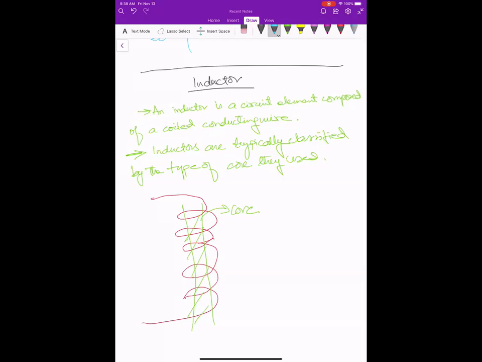Here, this core defines the ability of the inductor to store the magnetic field. If this is your I of t, this could be your voltage across it. The circuit symbol of the inductor, we have learned about this. This is the circuit symbol.